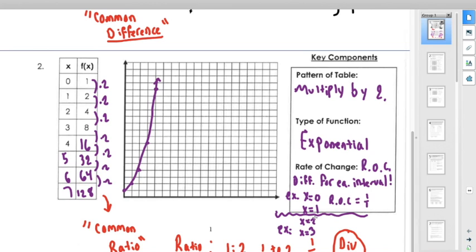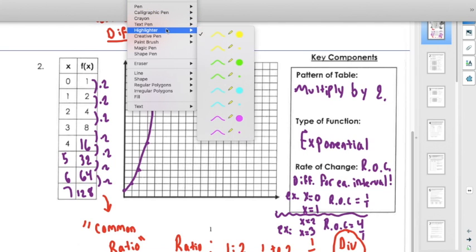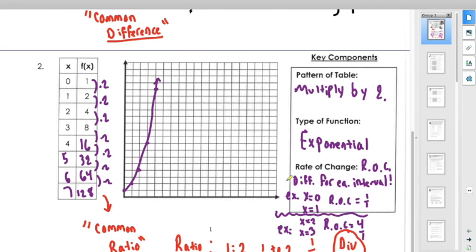What was the rate of change there? 4 to 8, the rate of change is 4 now. So these are just two examples to show that the rate of change is different for each interval for exponential functions. It's not the same rate of change. It's different each time.